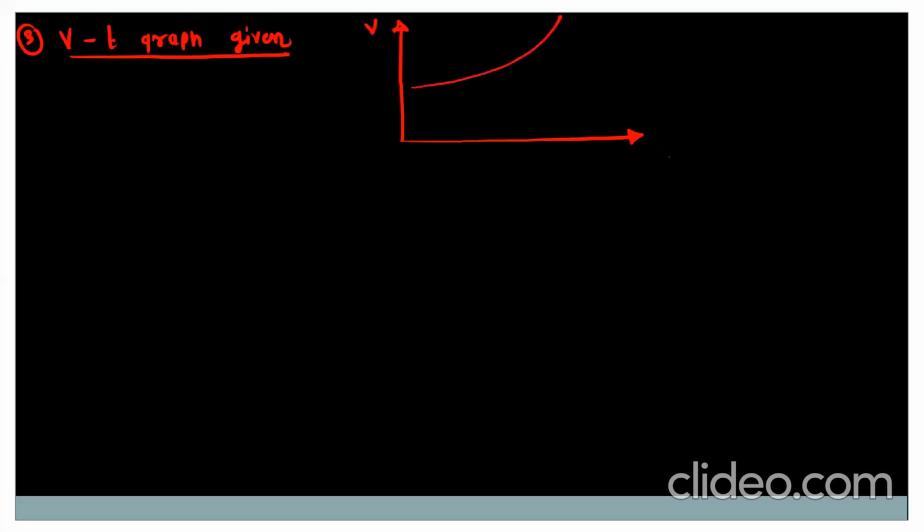So this is velocity time graph, and we have the initial time Ti and this is the final time. We have the equation velocity is equal to dx by dt. From this equation, if you want to find out the position, then we need to integrate this equation. So dx will be v dt, and if you integrate this equation, then we will get the position.